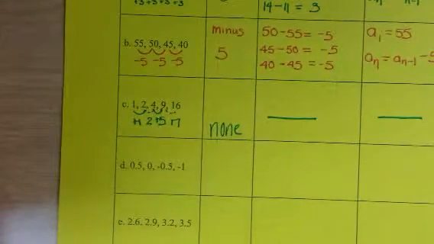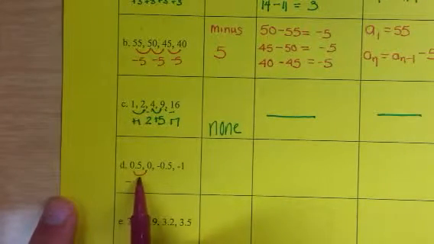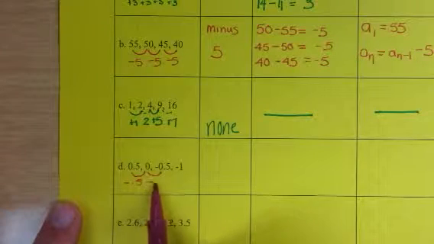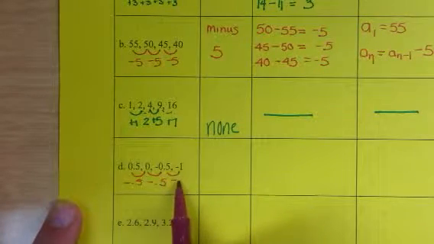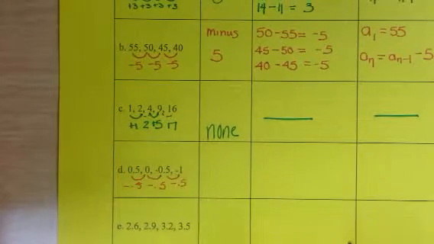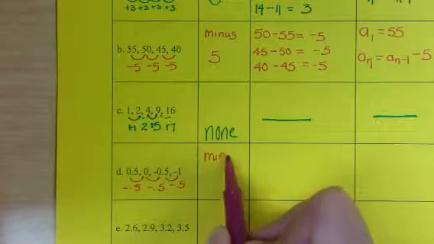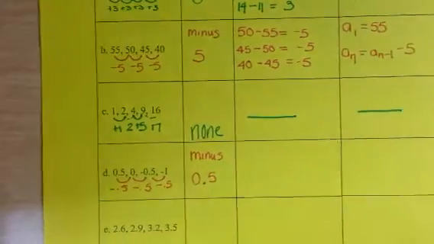Okay, let's look at another one. To get from 0.5 to 0, I would take away 0.5. From 0 to negative 0.5, I would take away 0.5, and negative 0.5 to negative 1, I would take away 0.5, or a half. So my pattern is I'm minusing 0.5, or 1/2.